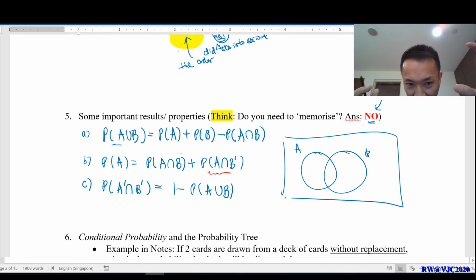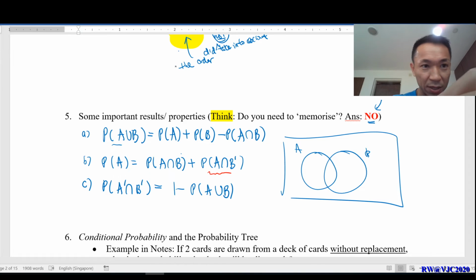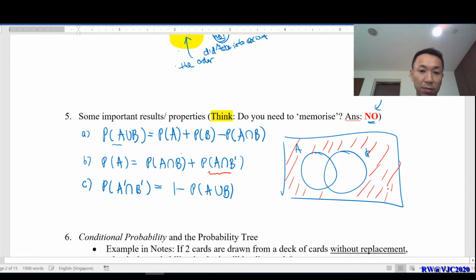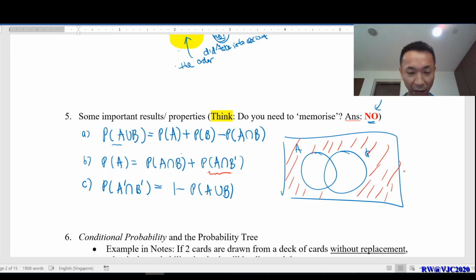It means outside A and outside B. Therefore, does it make sense that it is actually this one? This is A complement intersect B complement. So obviously it is one whole minus everything that is inside A and B. So I don't think you need to memorize, just something for us to think about and make use of, and know that you have seen it before, then after you use it, you just derive it.